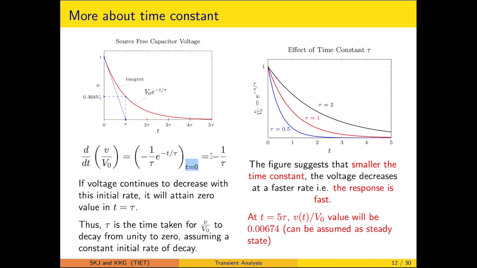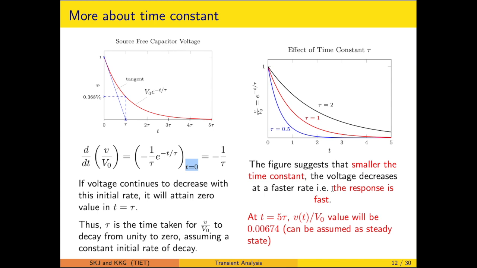This gives rise to minus 1 upon tau. So this initial slope is extended, and if the voltage level continues to decrease at this initial rate of decrease, it will attain the 0 value, which is the steady state value, at time t is equal to tau.